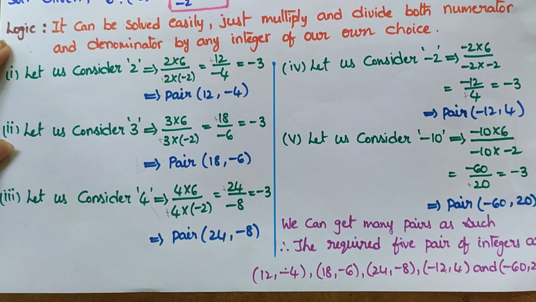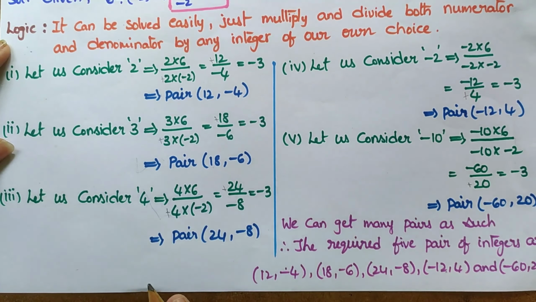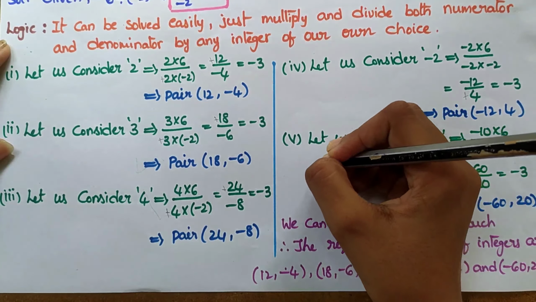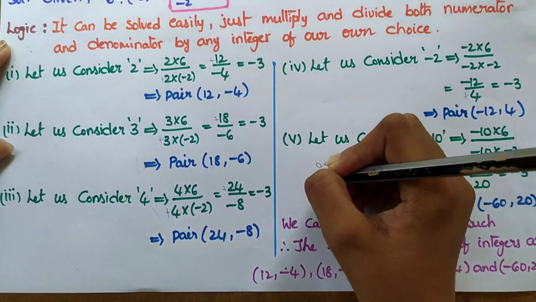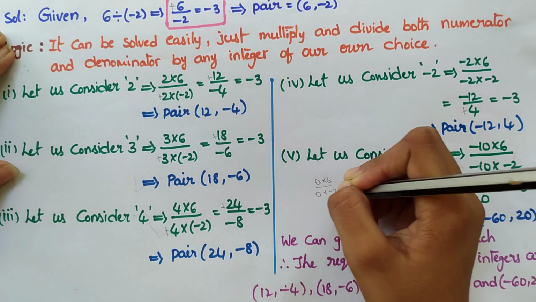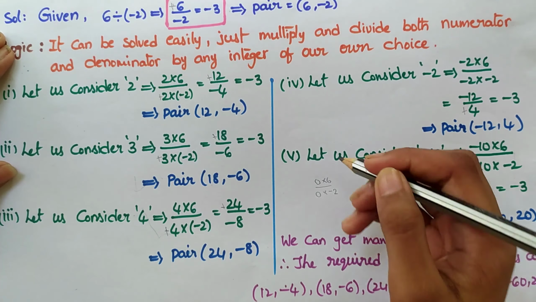Okay friends, there is a small note. You can take any integers, positive numbers, any negative numbers or anything, but you should not take 0. If you take 0, let us do here, so it is 0 into 6 by 0 into minus 2.